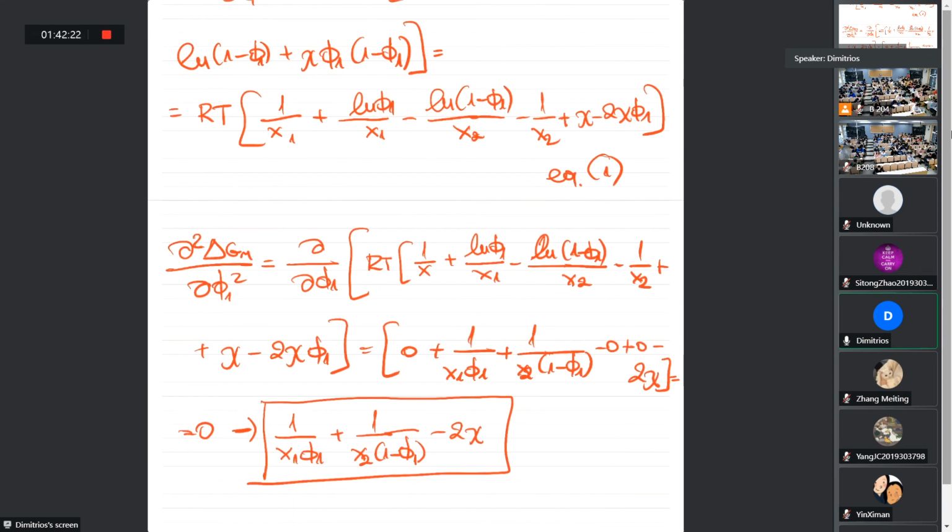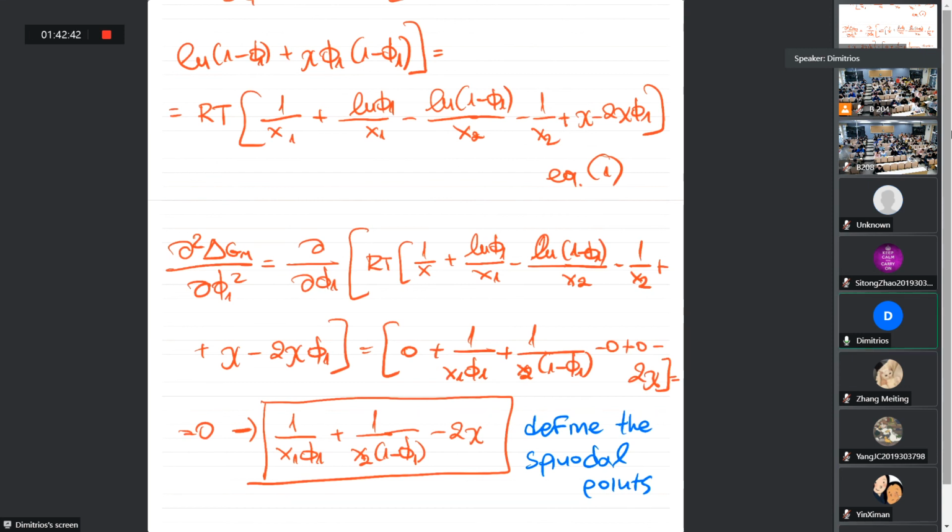Okay, that is, if we plot this, we define the spinodal points. Okay. Also, if you want, you can do it yourself.